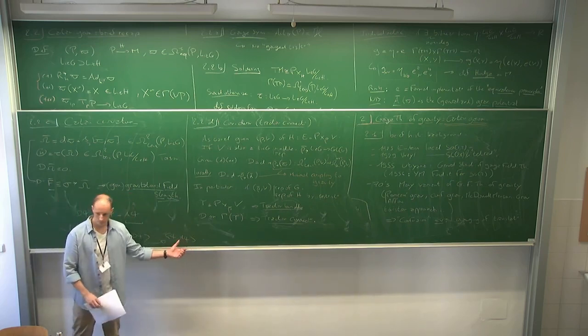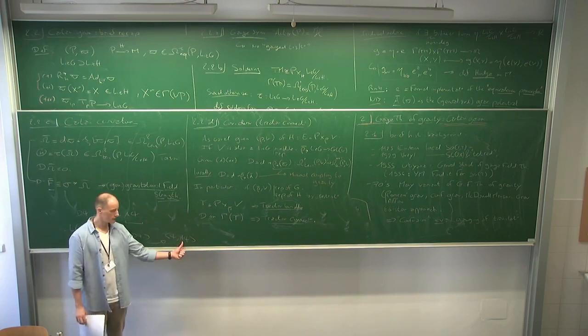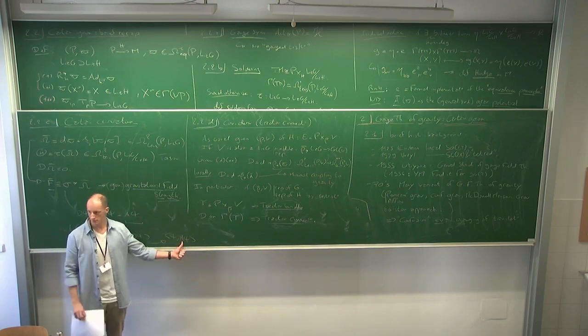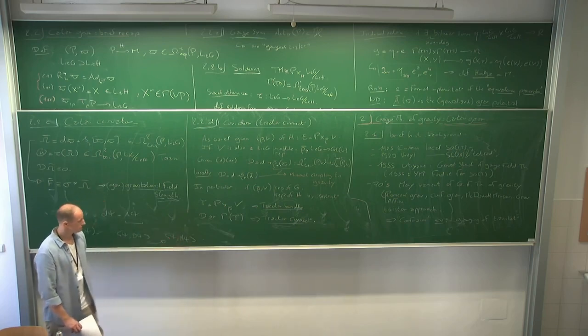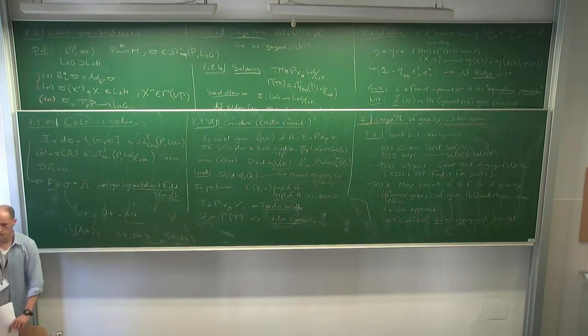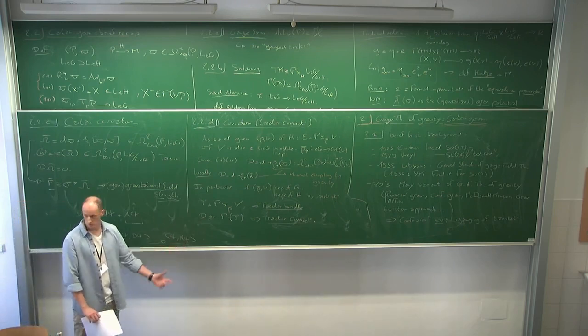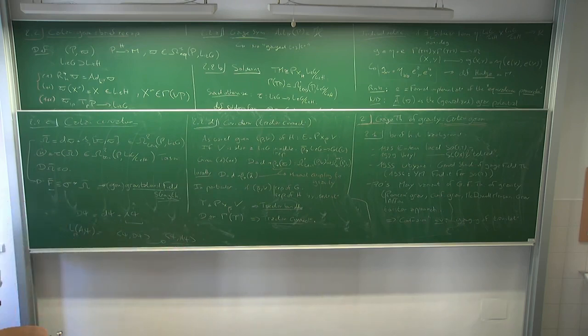This piece tells you that the matter fields interact by the exchange of the mediating fields, the photon, for example, in that case. This is called the minimal coupling because it's the simplest coupling you can imagine in a theory polynomially.